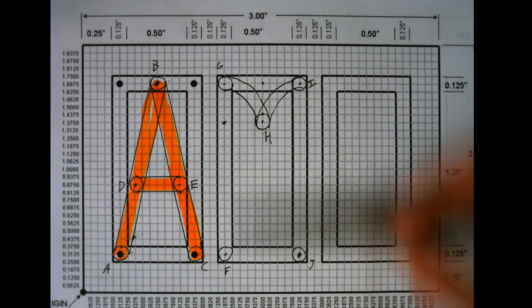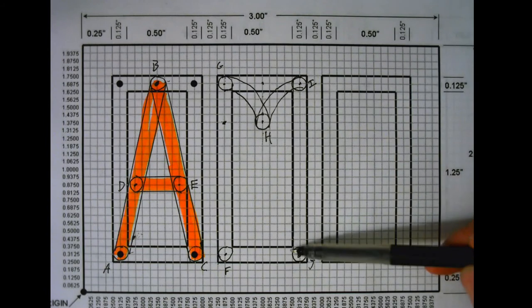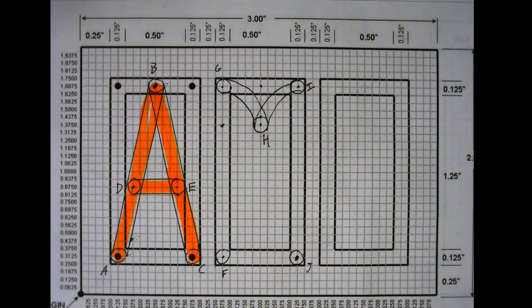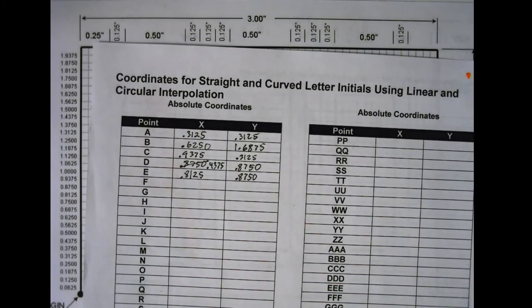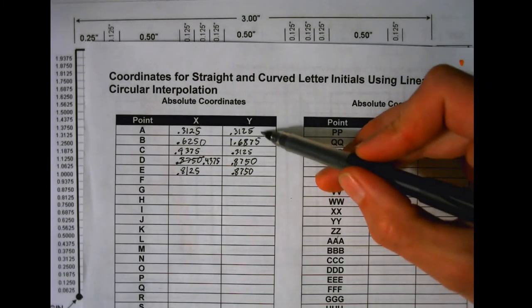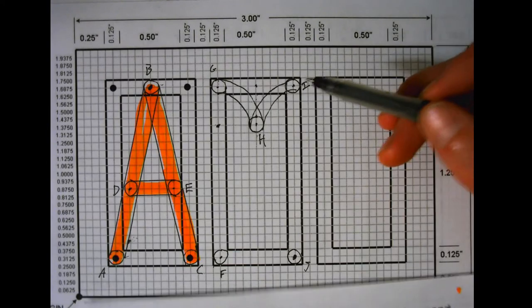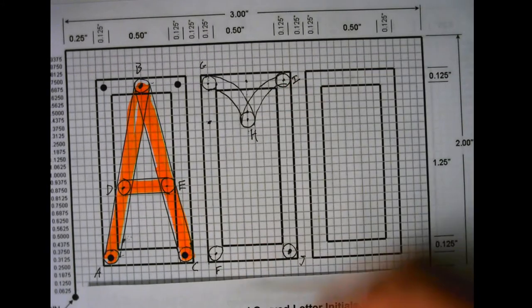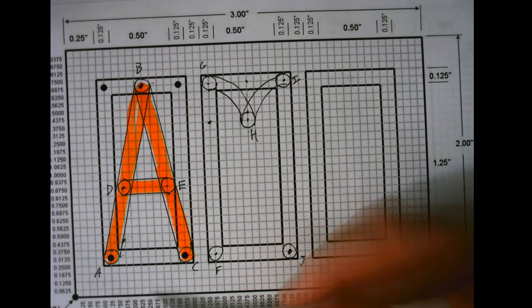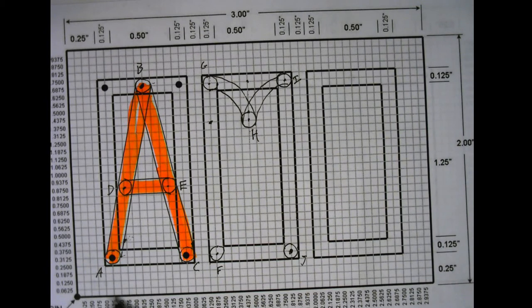at this point I've got my 2 curves in there, and then I'm going to start filling out my map. You should also have this piece of paper, and I've pre-filled in my first 5 points here, and those 5 points correspond with my A. So 0.3125 for the X. You can see these are my X values down here. A is 0.3125, and then X is 0.3125 and Y is 0.3125.